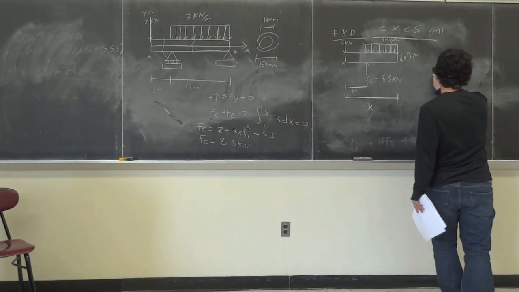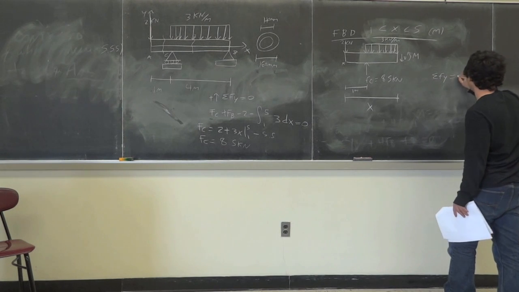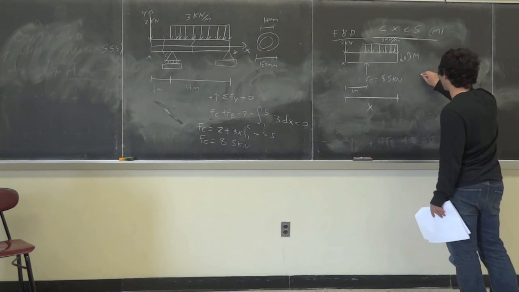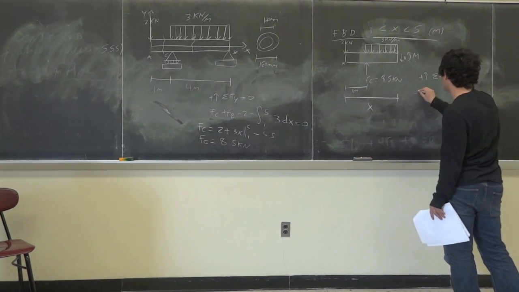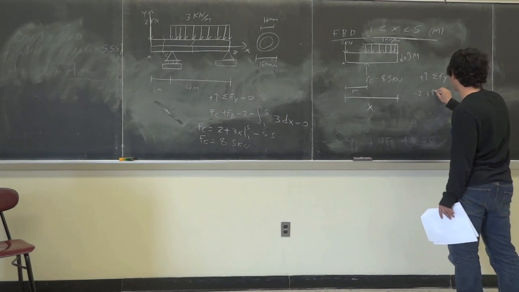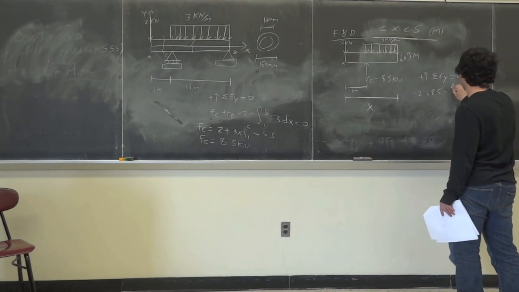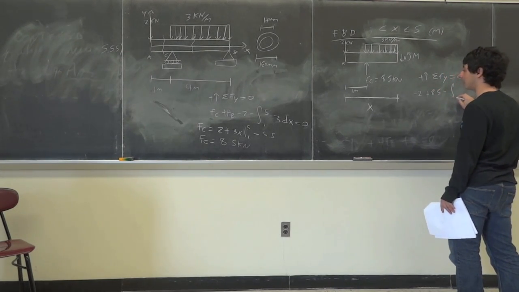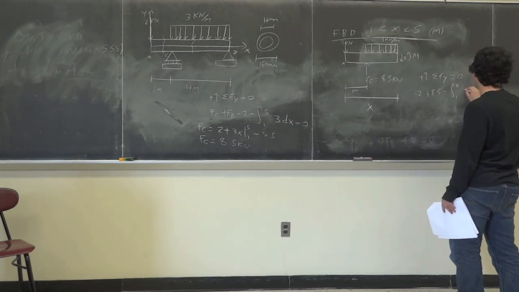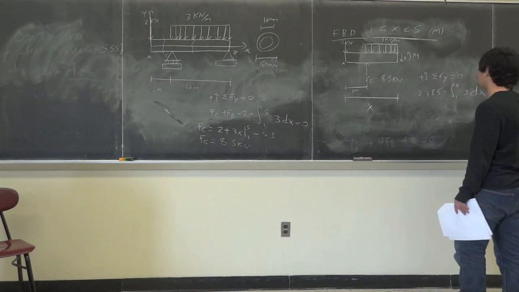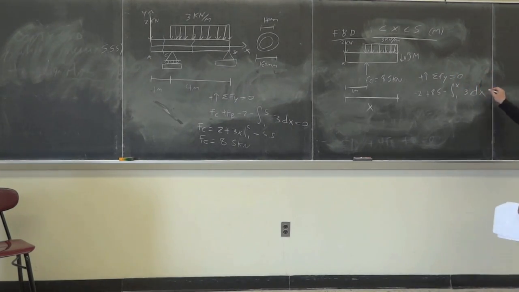So, summing the forces in the y direction to be 0, taking upwards to be positive, you have minus 2 plus 8.5 minus the integral from 1 to x, 3 dx, right? And then you have minus V is equal to 0.